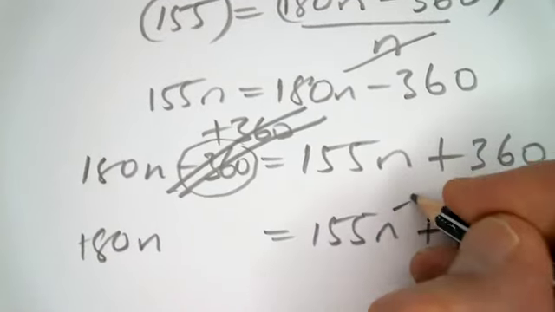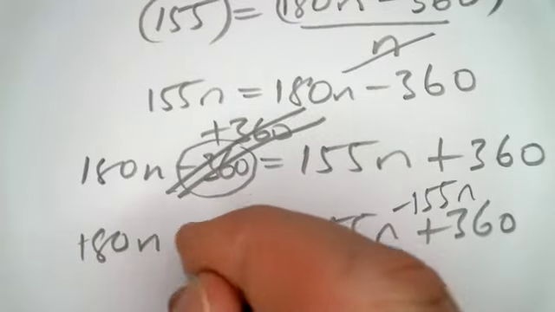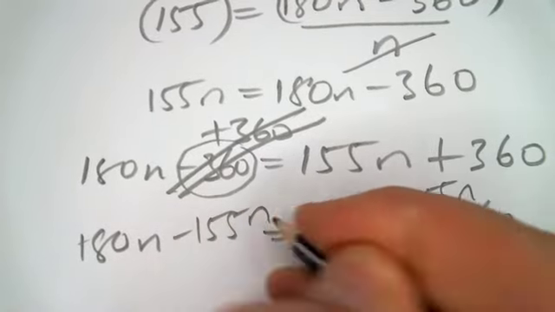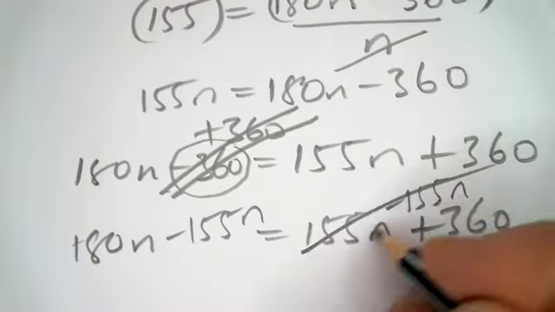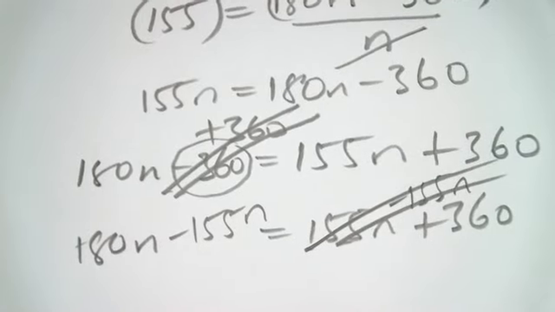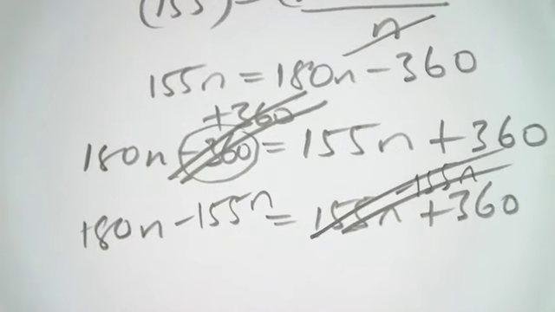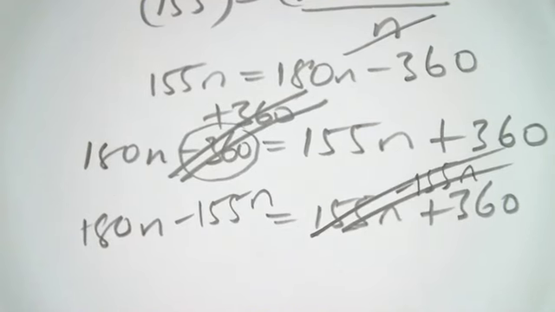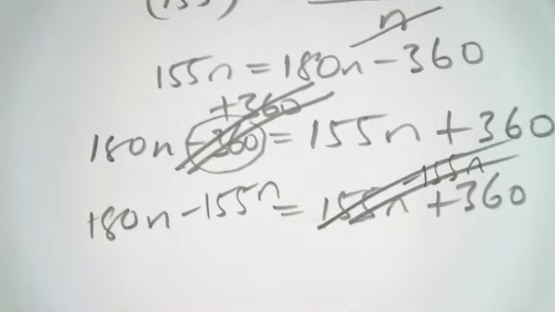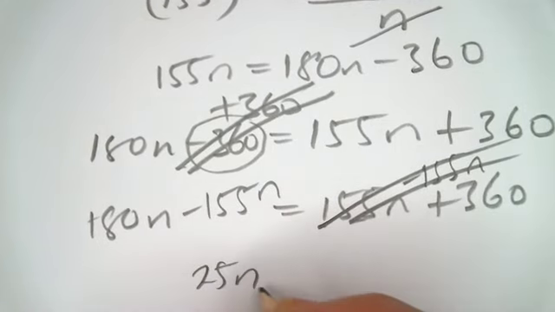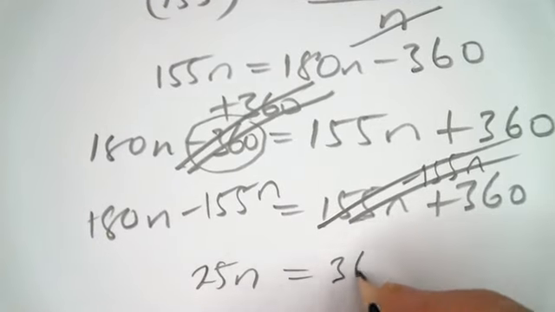Now I'm going to subtract 155n from both sides. 155n minus 155n is 0. Well, 180 minus 155 is 25. So I've got 25n is equal to 360.